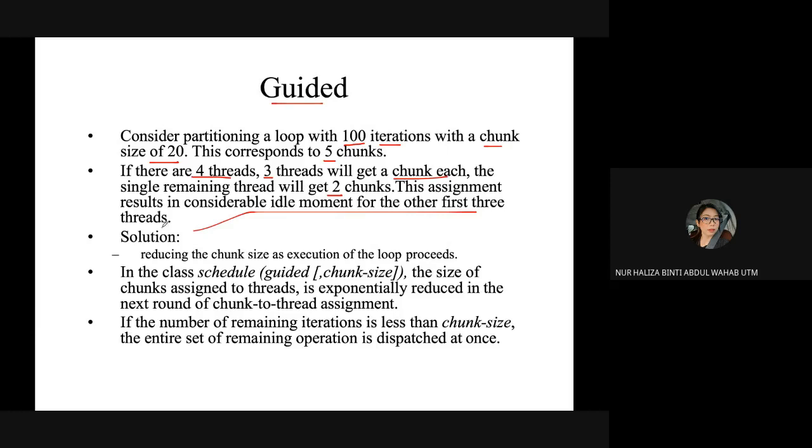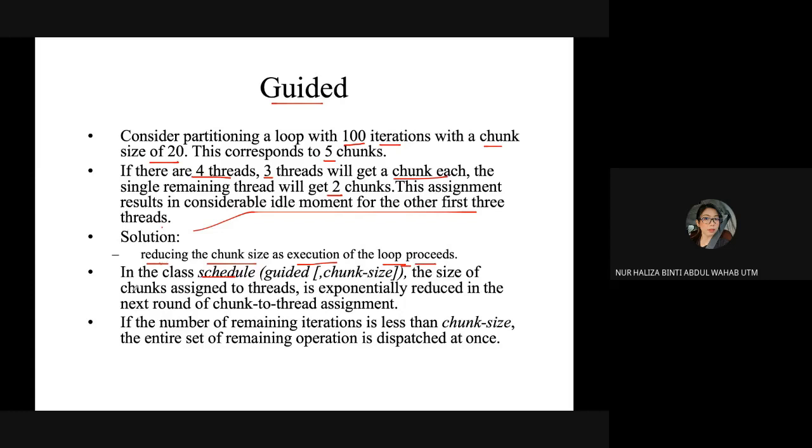So for your solution, you need to see first the chunk size. You're going to reduce the chunk size as execution of the loop progresses. So in the class schedule, this one is your guided.